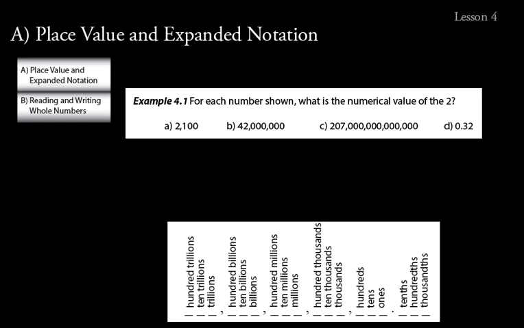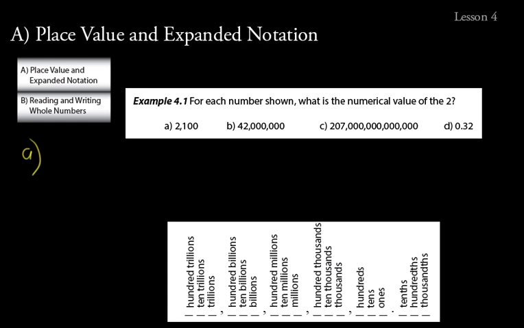And if we look at A, what we want to do is basically do two steps here. For the value of a digit in a number, we can first use the place value chart to identify the digit's place value. And then we're going to add placeholder zeros to figure out the numerical value of the 2 itself.